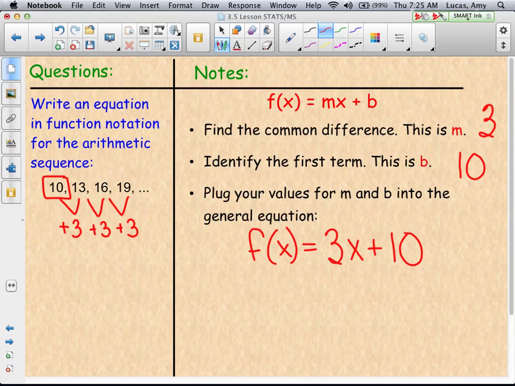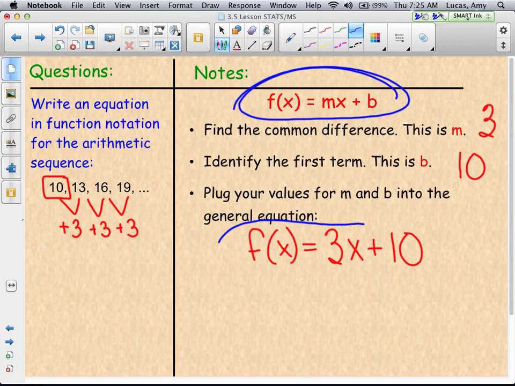Now when we take our MCAs at the end of the year, they will give you this f of x equals mx plus b for arithmetic sequences. What you have to be able to do, though, is remember what numbers you plug in and where they go.